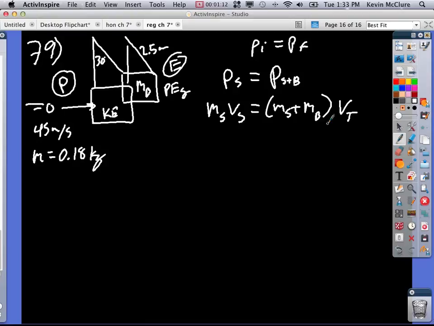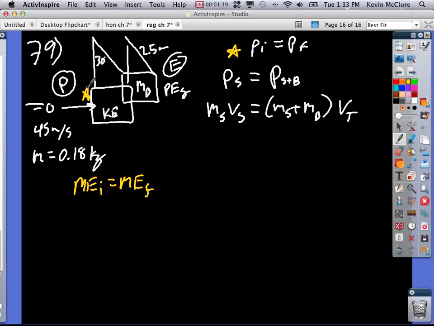But what we do know is that, and I'll do this in yellow so we can keep track, this is energy. We know that ME initial equals ME final. Now, immediately you should be saying, wait a minute, you just said this was an inelastic collision, and for an inelastic collision, energy is not conserved. That is correct. For the collision right here, energy is not conserved.